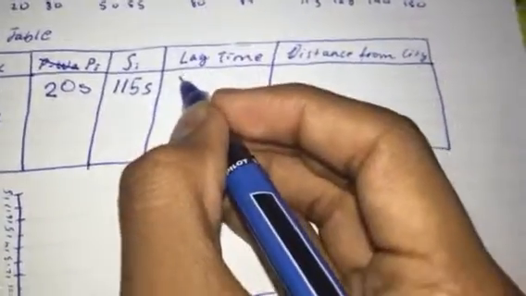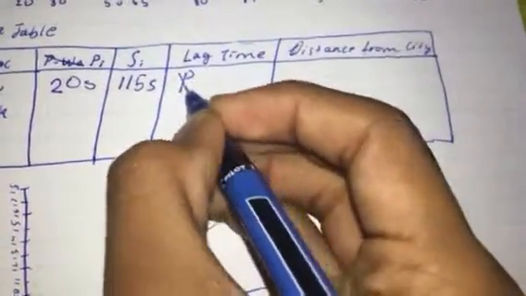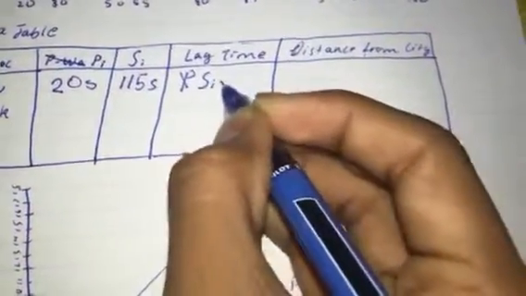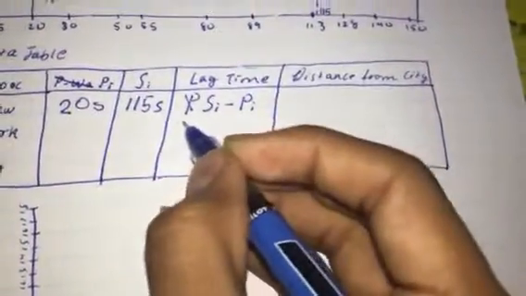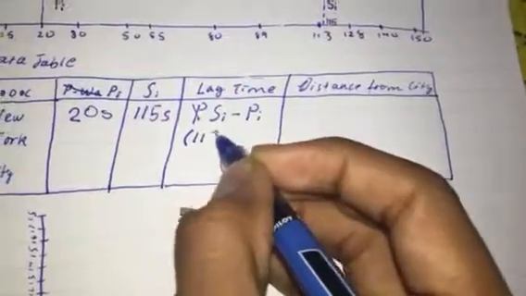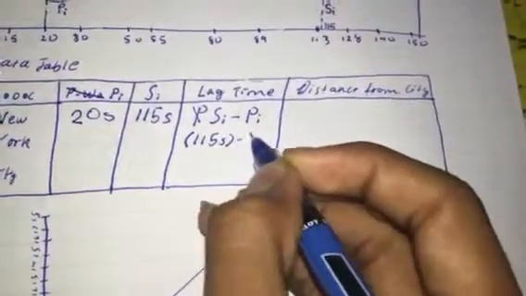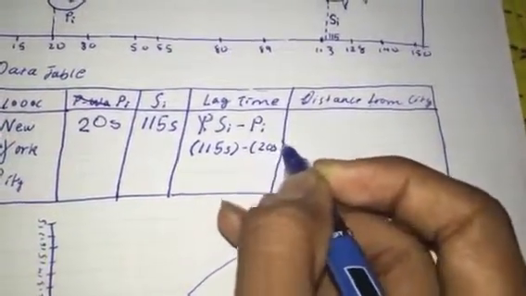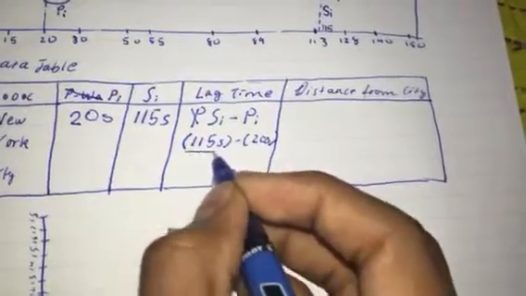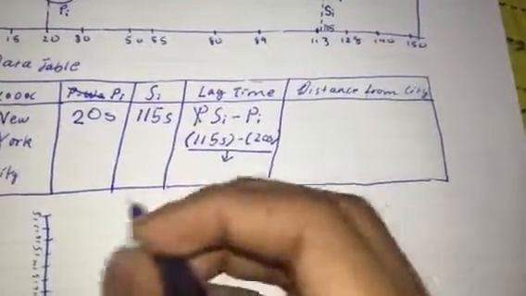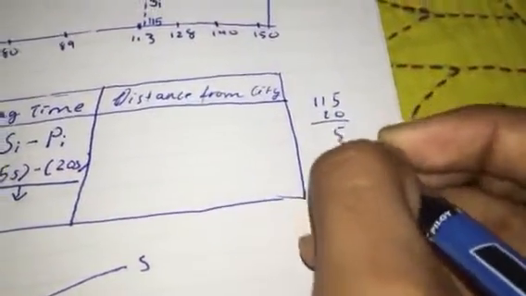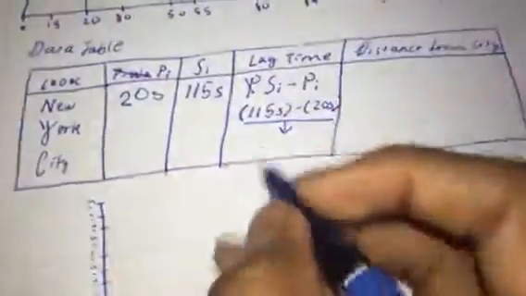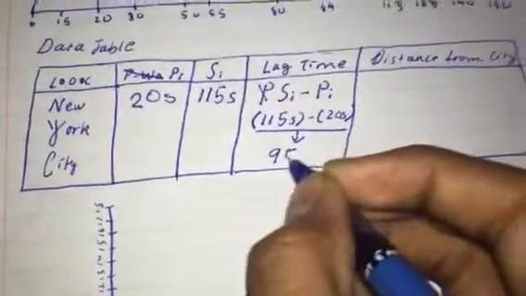Now the lag time is basically the S wave arrival time minus the P wave arrival time. So that would be 115 seconds minus 20 seconds for this specific earthquake. Let's do our little subtraction here. This would be 95 seconds in total.